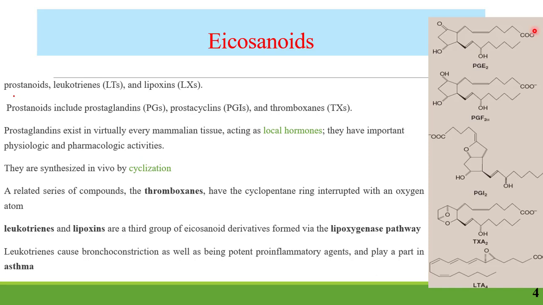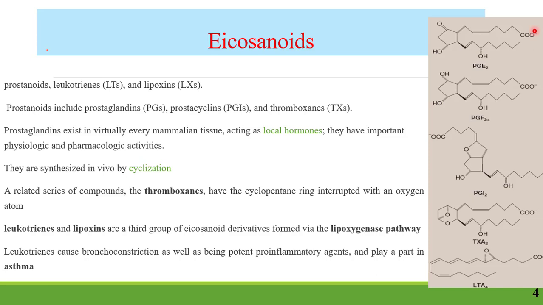Prostaglandin exists in virtually every mammalian tissue, acting as a local hormone, and they have important physiologic and pharmacologic activity. They are synthesized in vivo by cyclization of the center of the carbon chain of 20 carbon icosanoic acids.